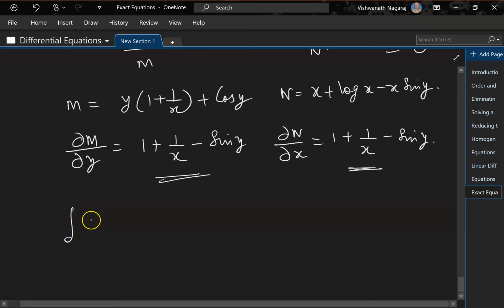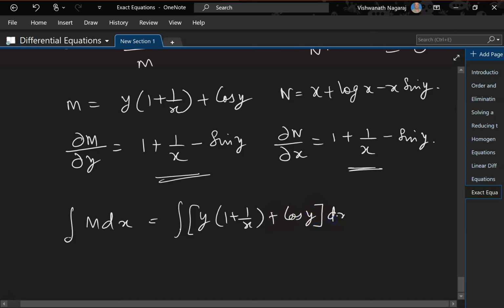So the exact solution would be, first let's integrate M dx. So we have to integrate y times (1 plus 1/x) plus cos y dx. Now here remember we are going to keep y constant.